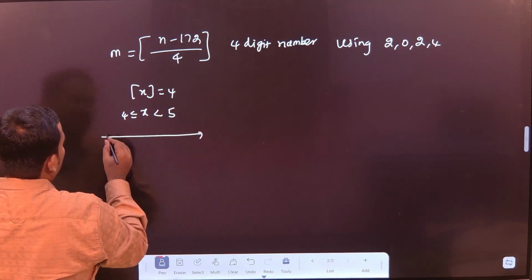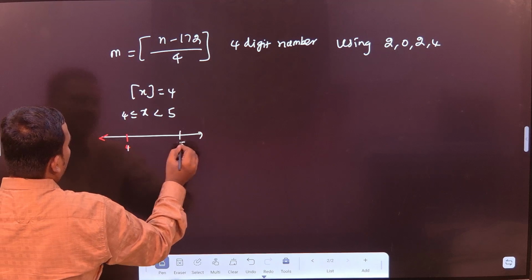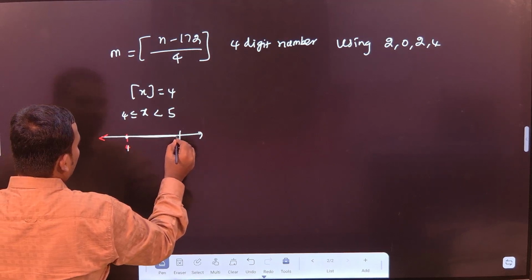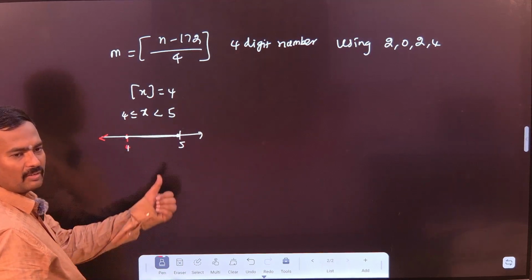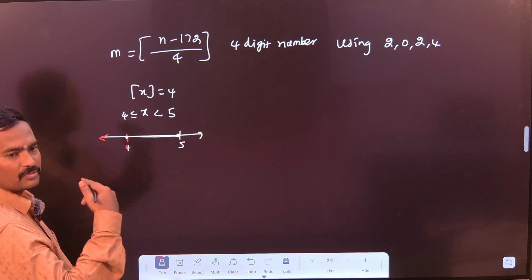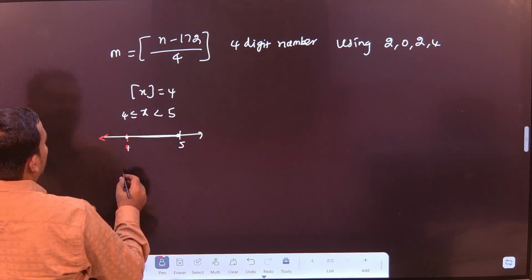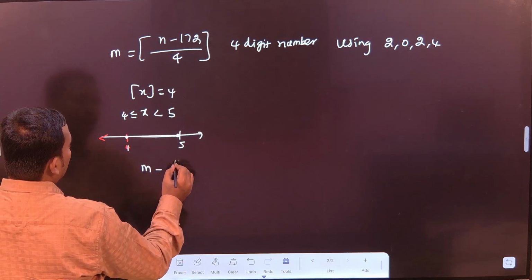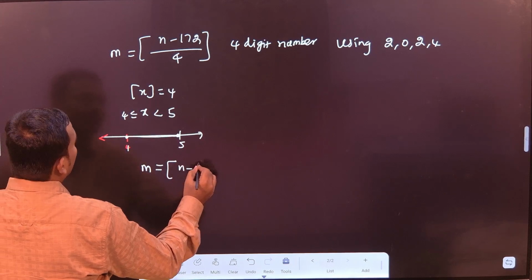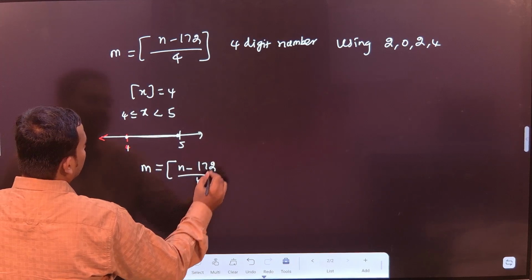You can take up to 4.9999, which will be 4 only. You should not take 5, because the greatest integer of 5 is 5. Therefore, let m be equal to the greatest integer function of (n minus 172) by 4.